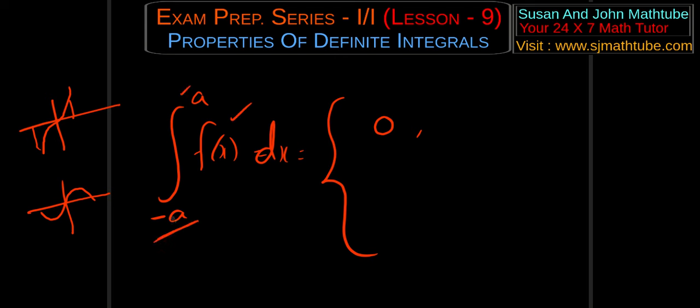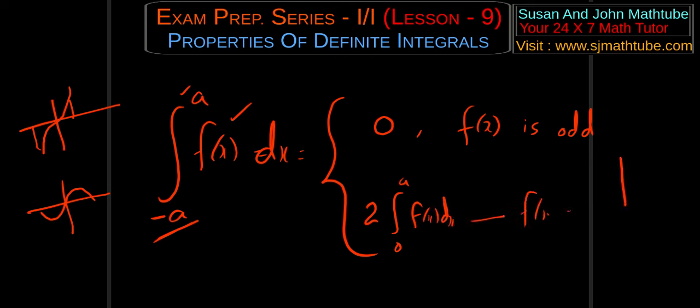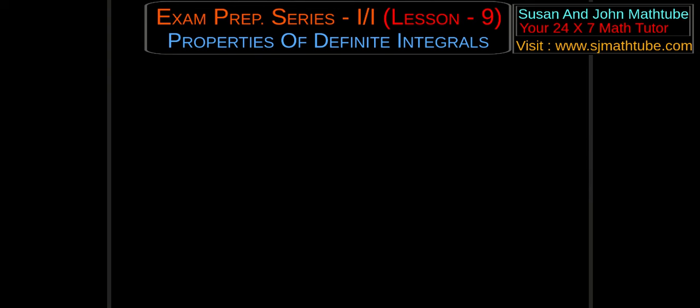It should be from the same point in the negative side to the positive side, provided the function is odd. And it will be 2 times 0 to a f of x dx, provided the function is even, because even functions are always symmetric about the y-axis. Okay, that's it. If you want to know more about these things, you can watch the previous video, lesson number 9. Now we will go for most or more important things for the exam.